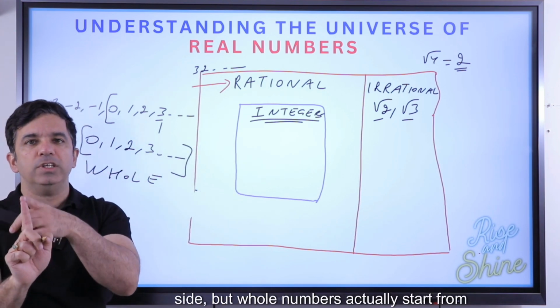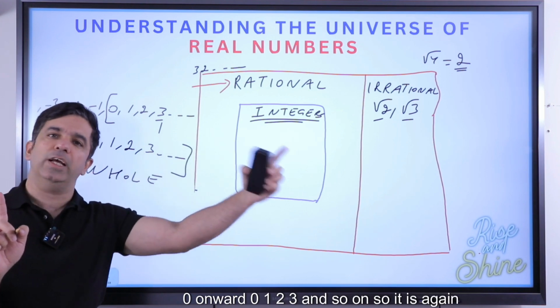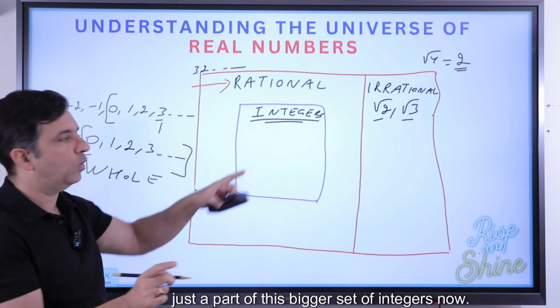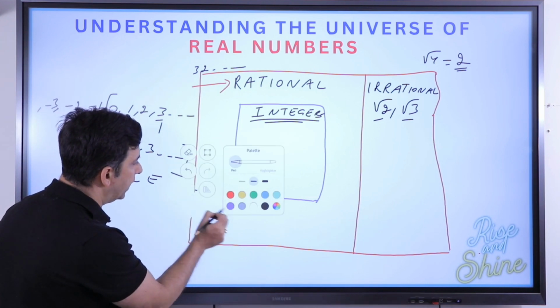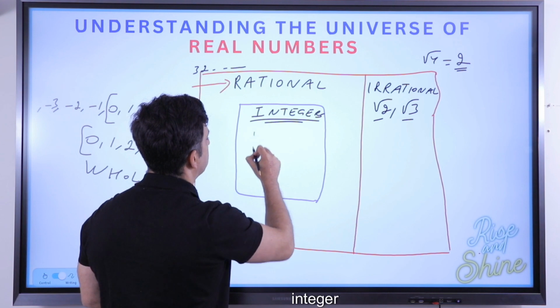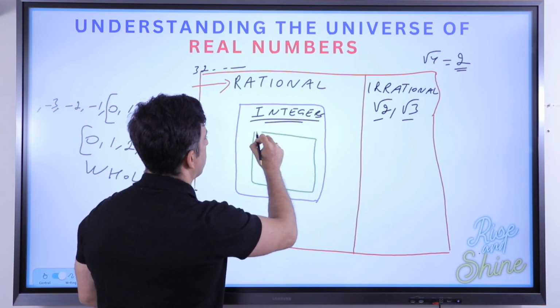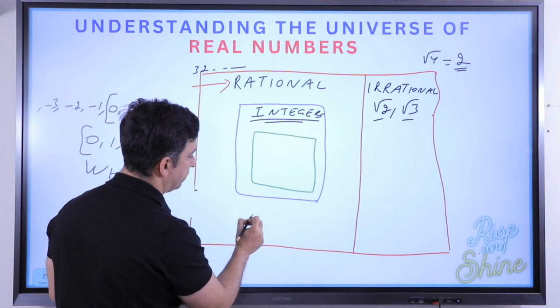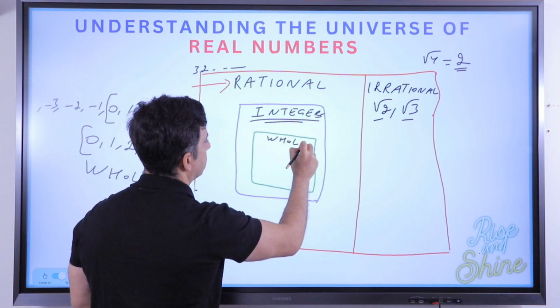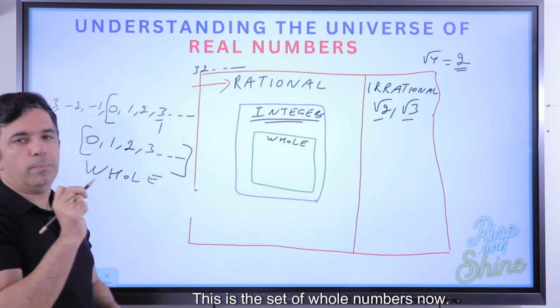But whole numbers start from 0 onwards. So it is just a part of this bigger set of integers. So whole numbers are a further subset of this set of integers.